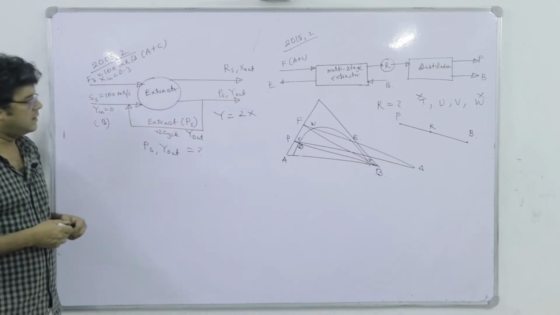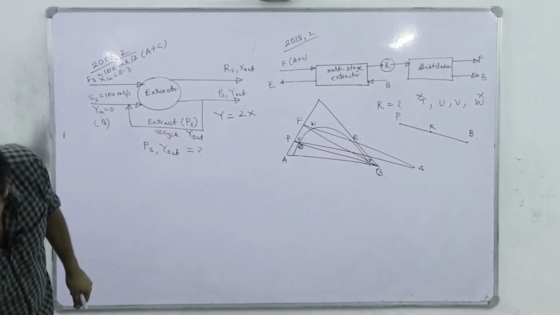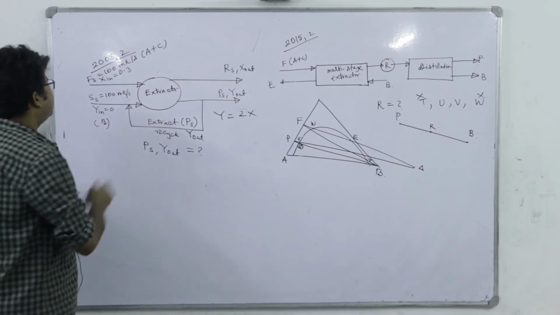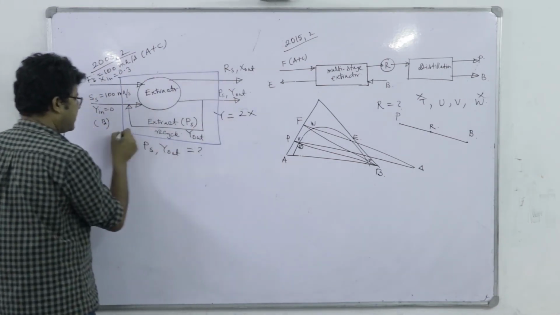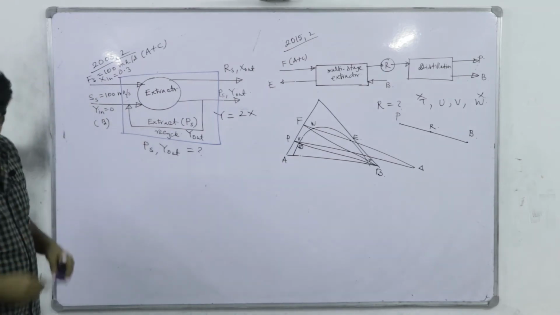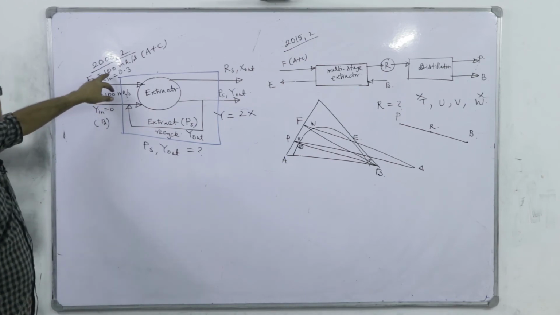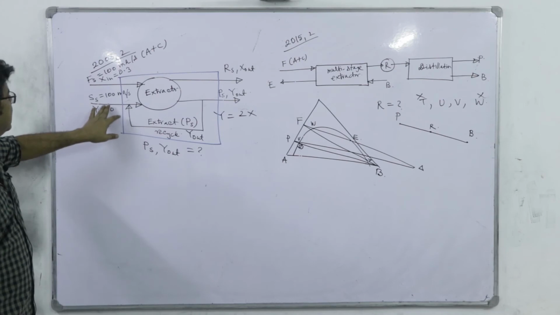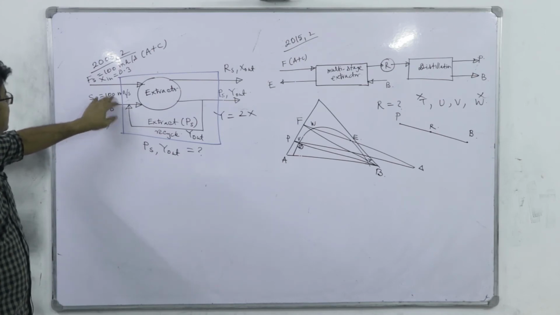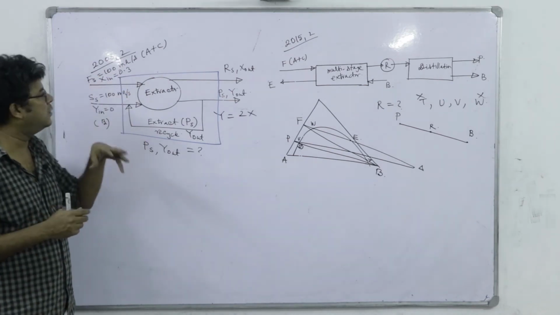Now, you see that immediately you will get confused about what to do with the recycle. But if you think of this cascade and write a material balance, immediately you can understand that this is pure carrier flow rate 100 moles, this is pure solvent flow rate, and the flow rates are expressed on a solute-free basis.